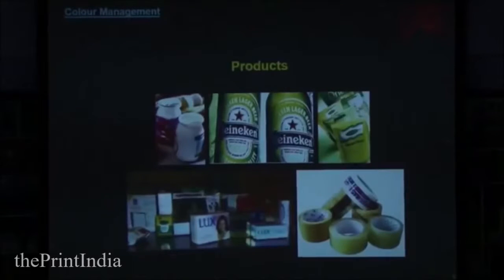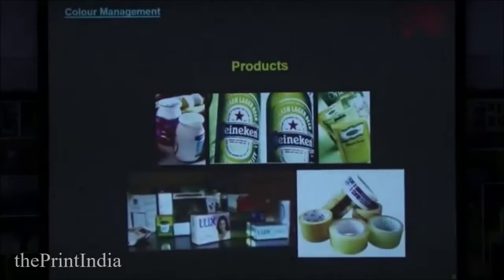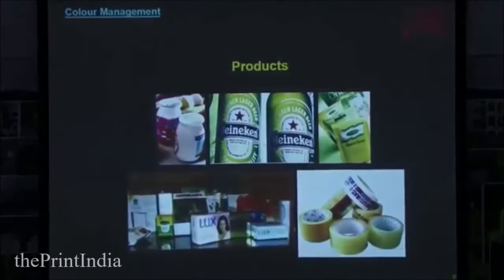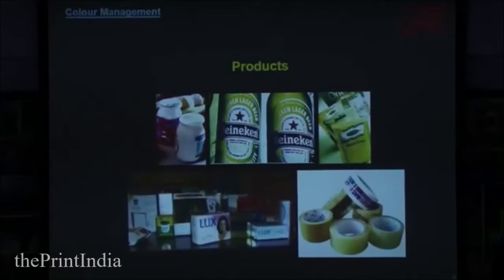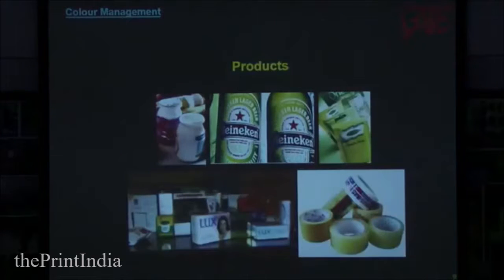And in the case of packaging, the color of the package should be produced nicely. It doesn't matter what color it is. People expect that to increase their sales, the original company who puts the product on the market wants to see that their product color is reproduced as it is in real life.